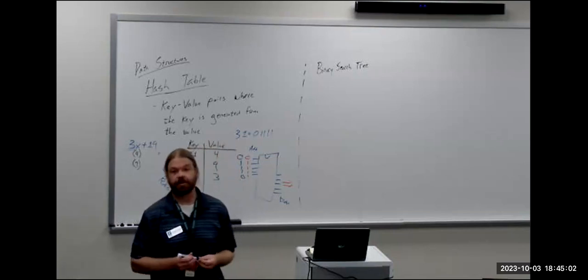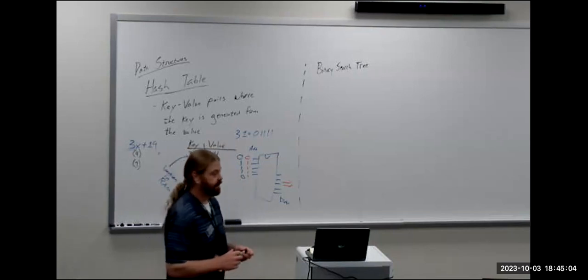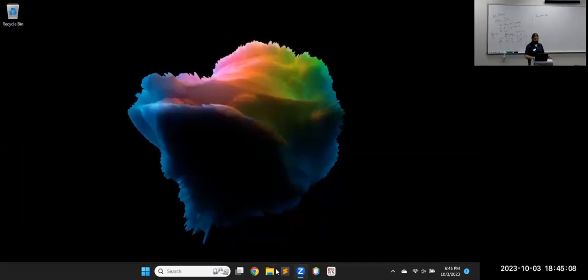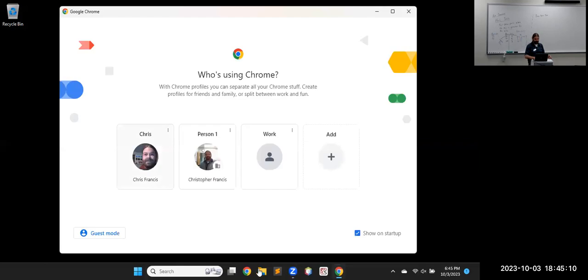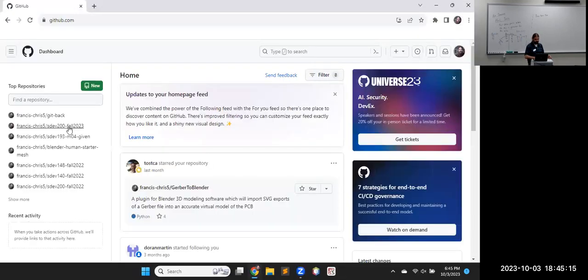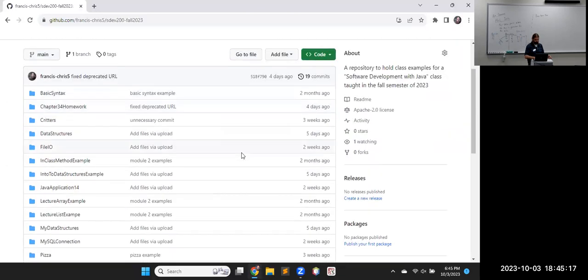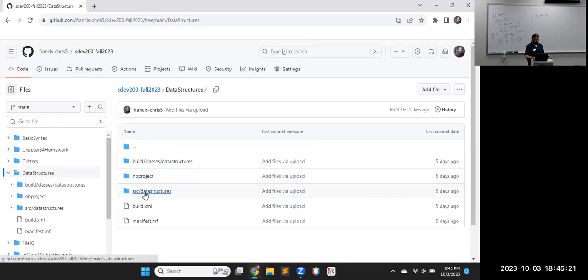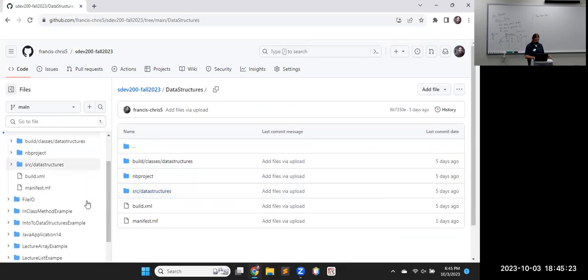We have to choose particular types of sets. Pull up the example from last week if you don't remember that. I think it was this one.